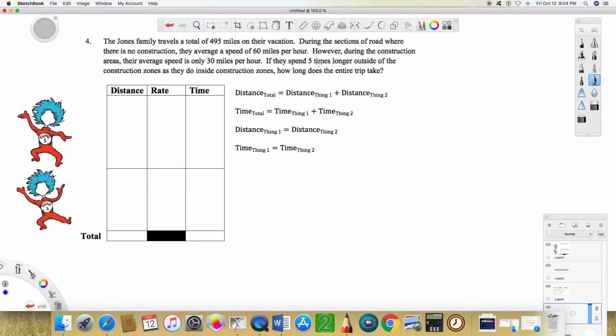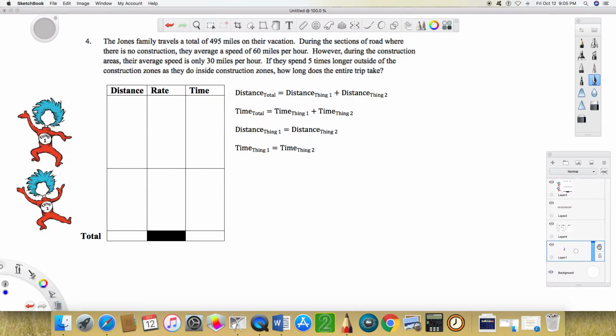All right, so let's call the thing one and thing two the no construction or in construction zone. So here, let's, well, do I have a color? Oh, I've got to change the layer. Yeah.